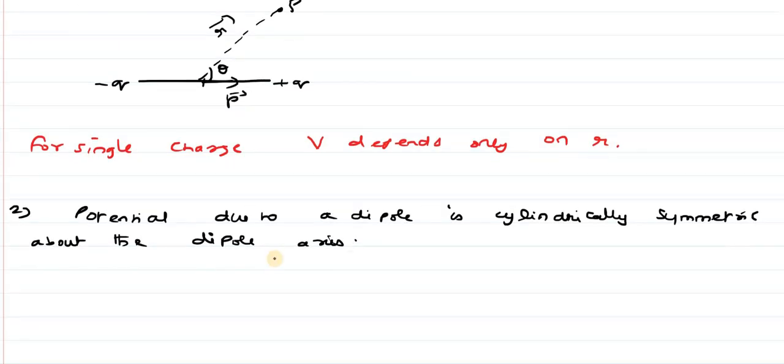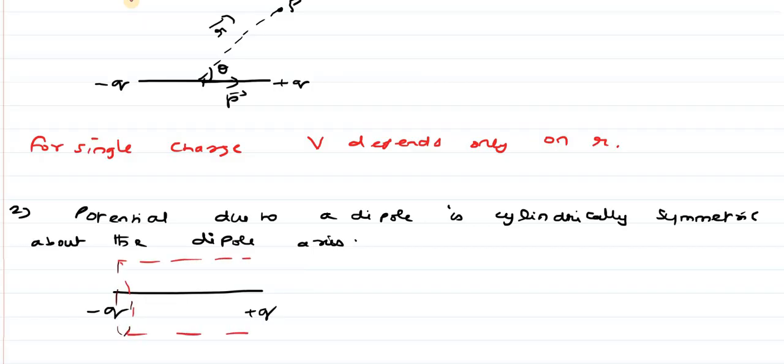So this is the dipole, and it is cylindrically symmetric. When you rotate it along the dipole axis, what will happen? The potential value will not change.